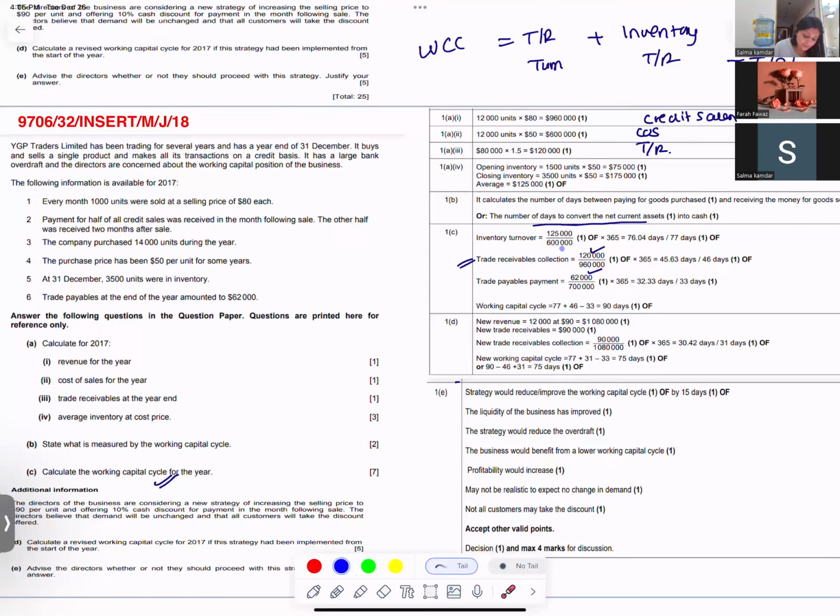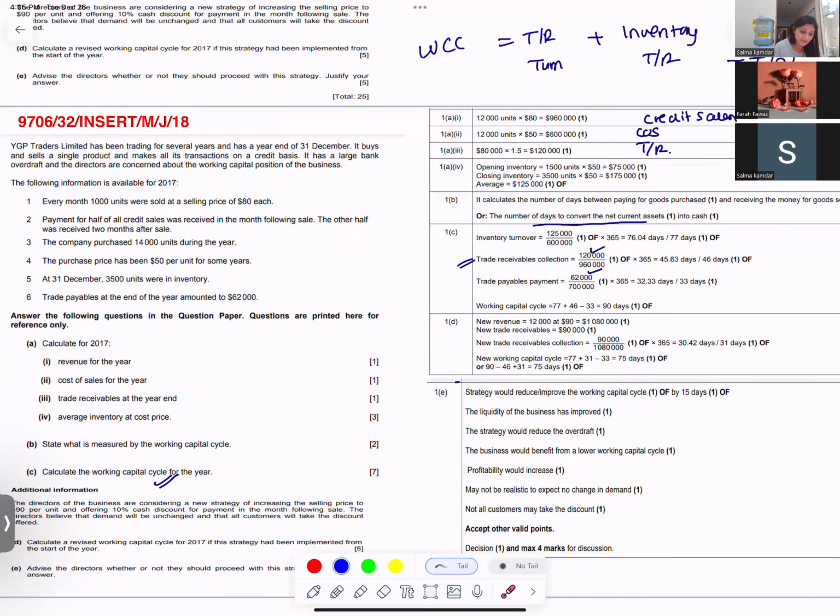Inventory turnover ratio. What is the formula for inventory turnover ratio? Sorry, it is the average inventory divided by cost of sales times 365.